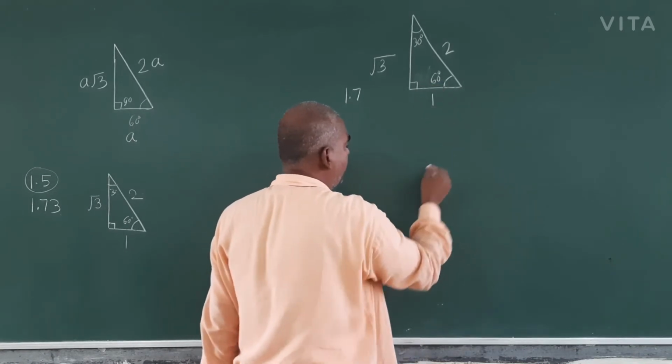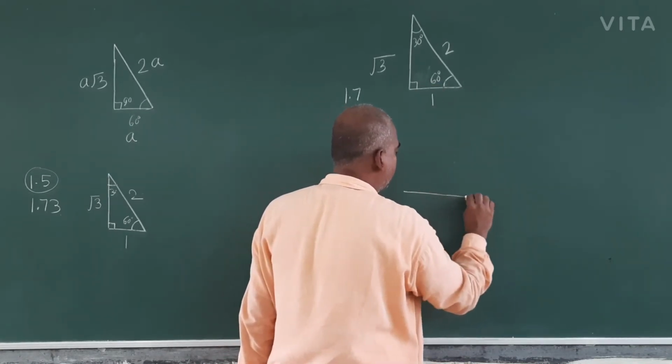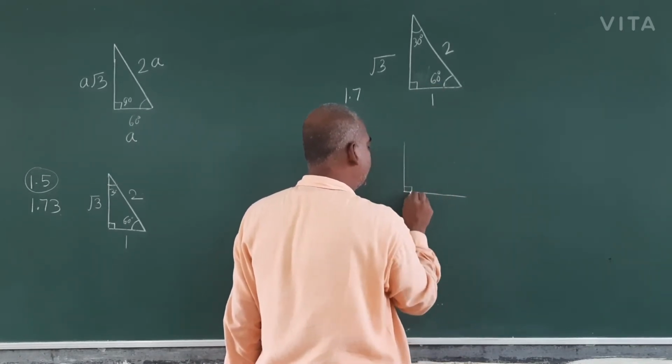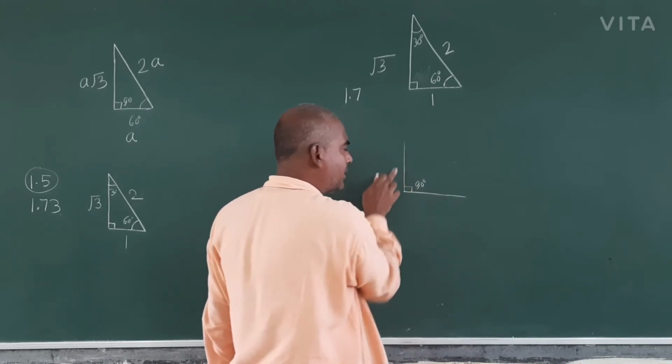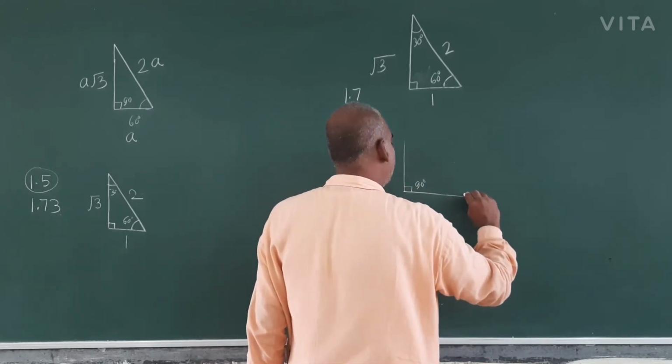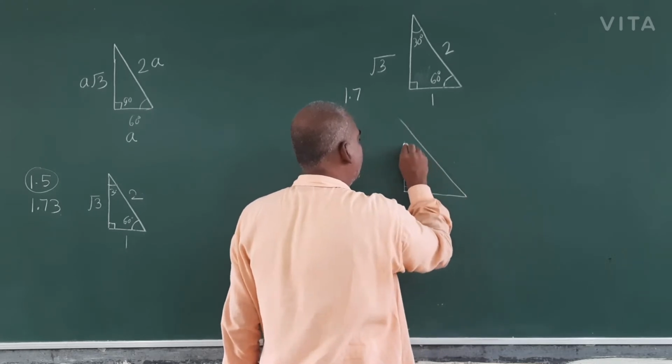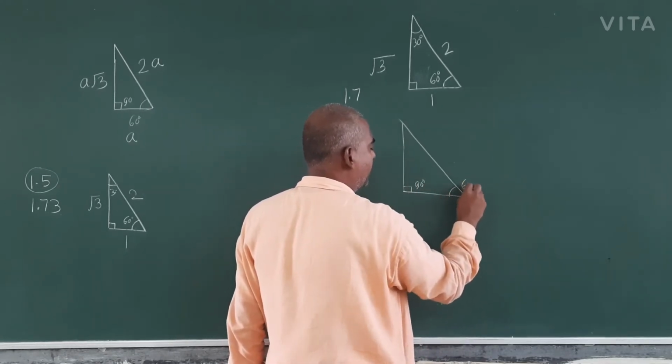At a time we will take only this. Suppose I have told you this is 90 degree. We don't know this side, and we make this angle 60 degree.